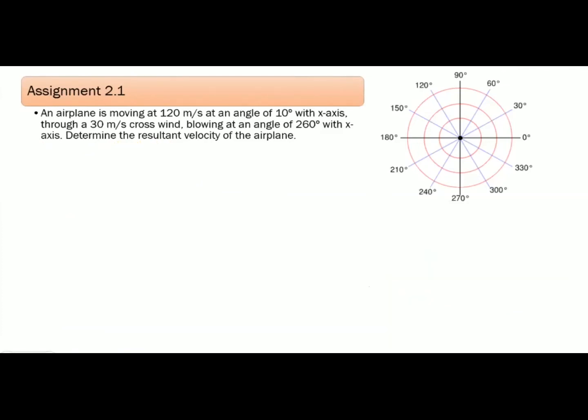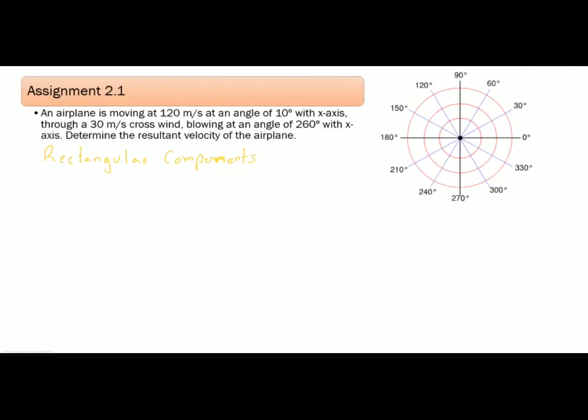Dear students, now we will solve this question by the rectangular component method. To solve this question by the rectangular component method, we first have to resolve the given vectors into their rectangular components.